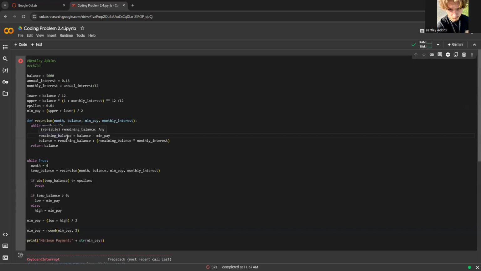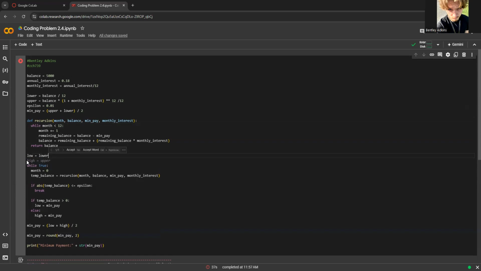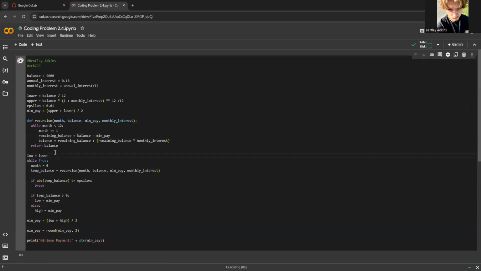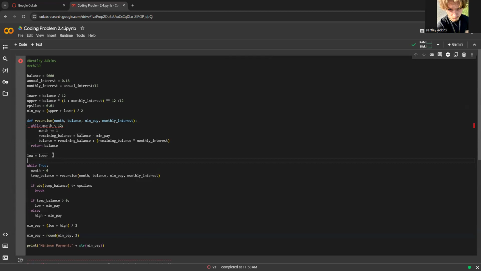Remaining balance is equal to the balance minus the minimum payment. Hmm. Keyboard interrupt.